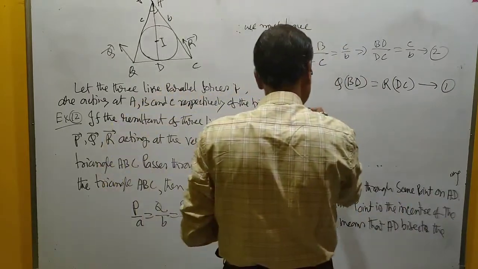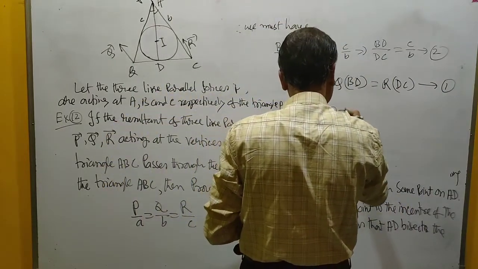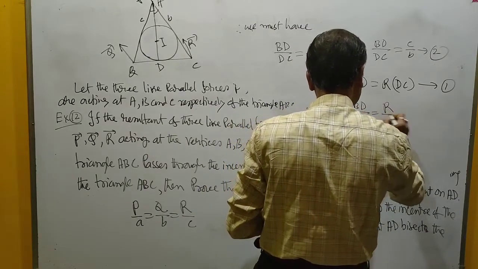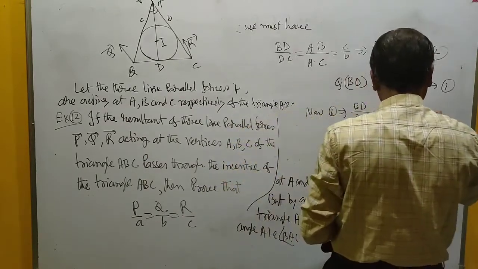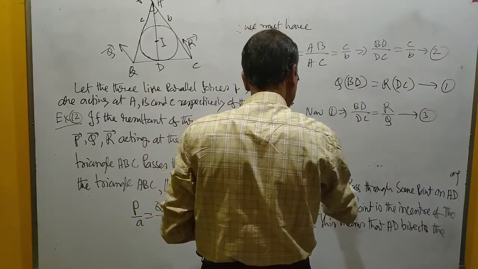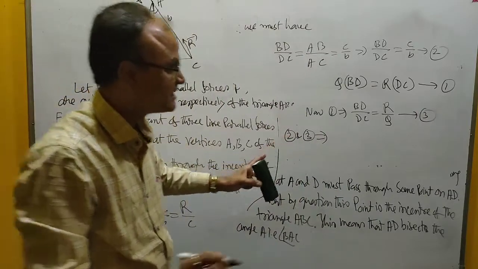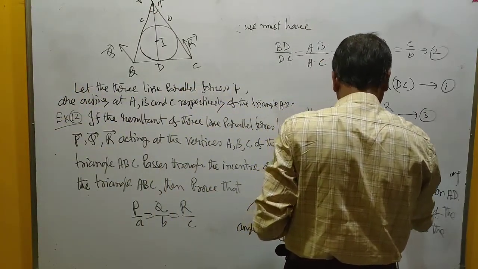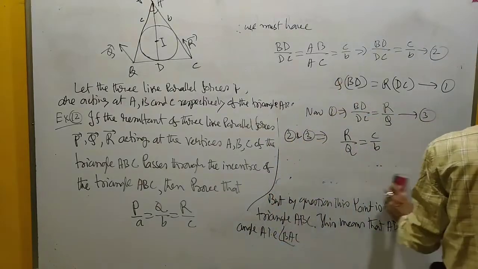Now one implies BD by BC equal to R by Q. This is number 3. From 2 and 3 we get R by Q equal to c by b.